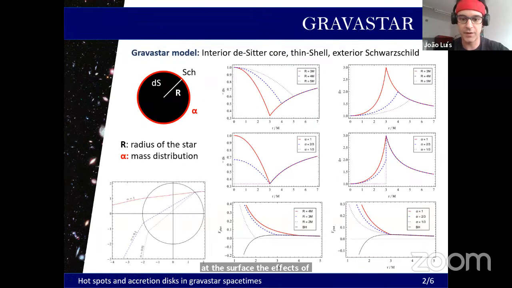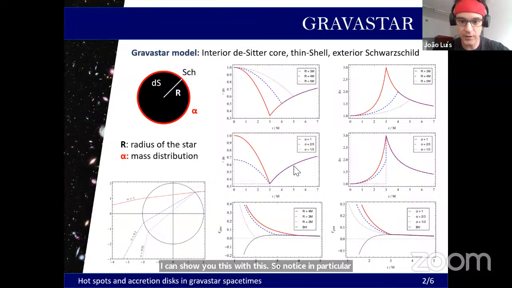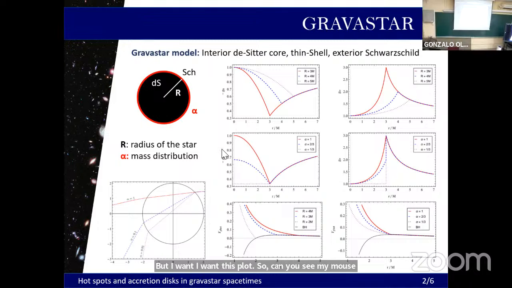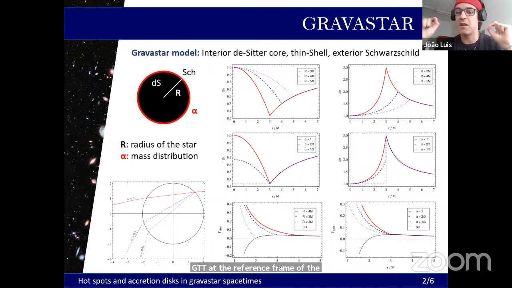I can show you this with this plot. Can you see my mouse? Okay, perfect. The effects of gravitational redshift depend on the difference between the value of g_tt at the reference frame of the observer and at the reference frame of the emitter.